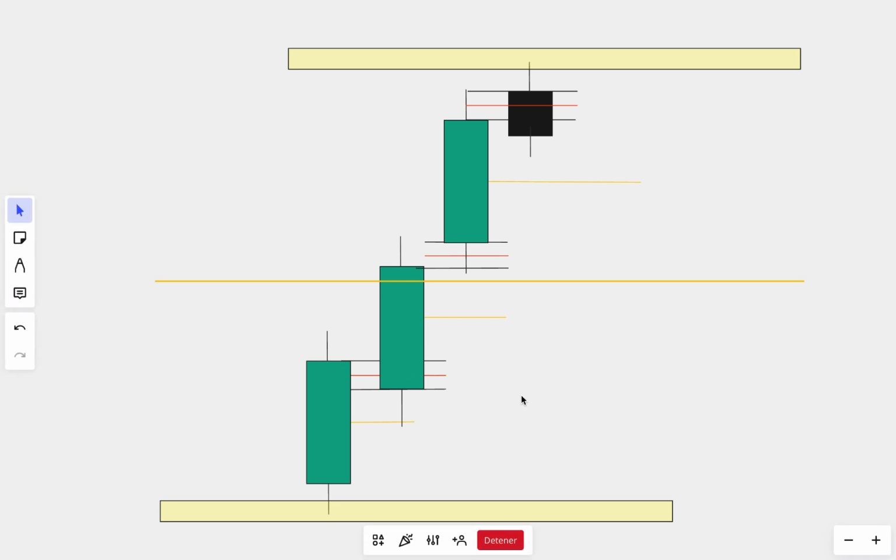Okay, the first one is when this candle closes here and we open on the next candle inside of the previous range of this candle, and we create a gap between this closing price and this opening.